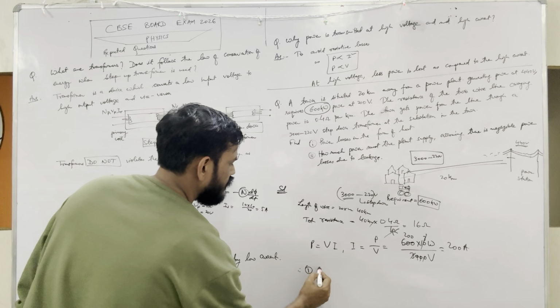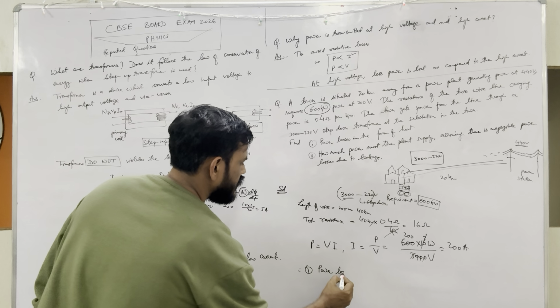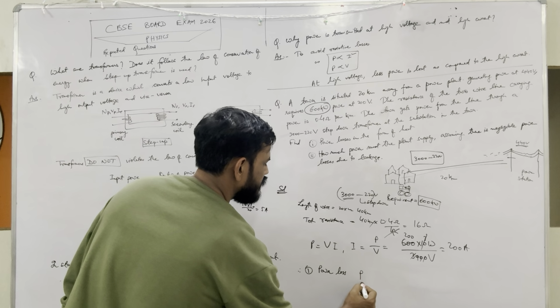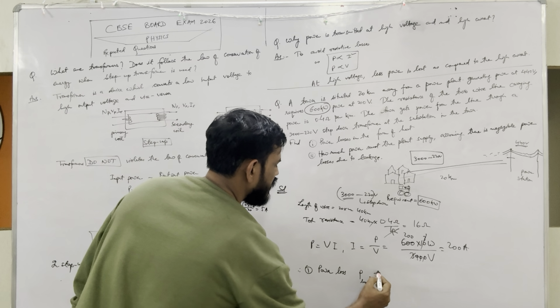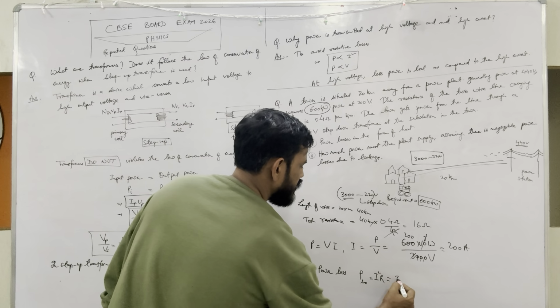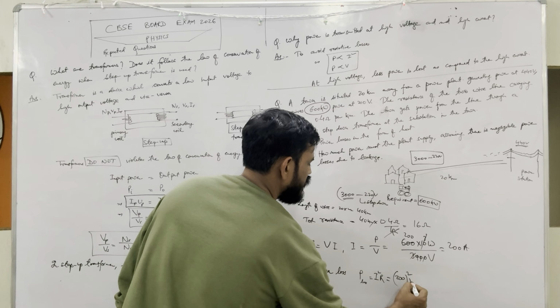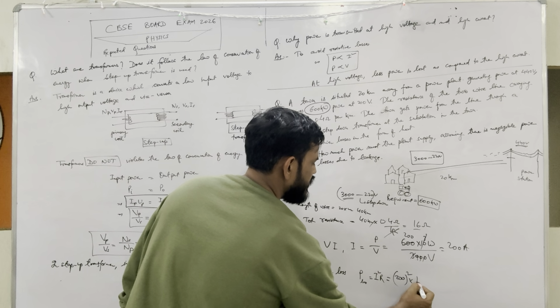Therefore, the power loss will be I square R. So it will be 200 square into the resistance of the wire, 16.